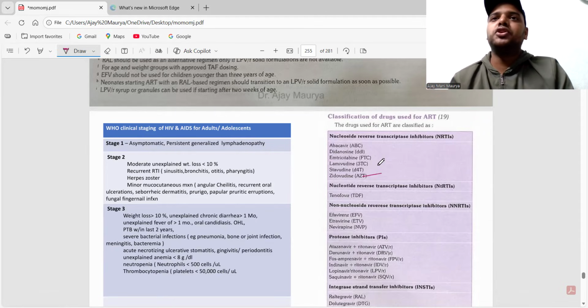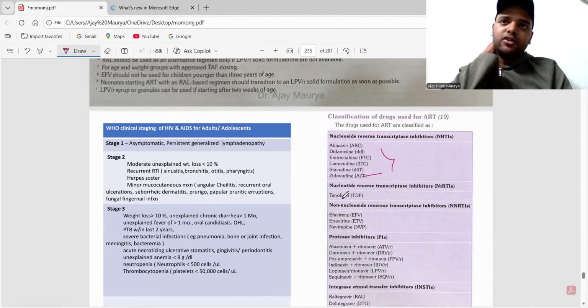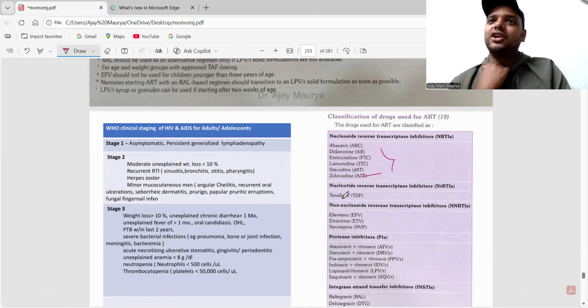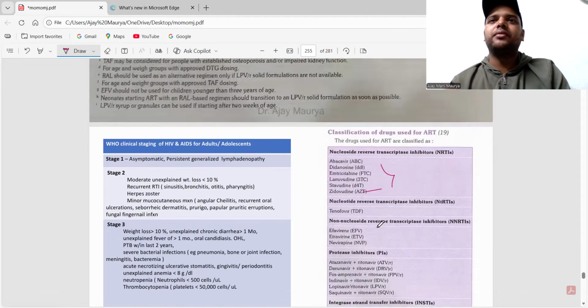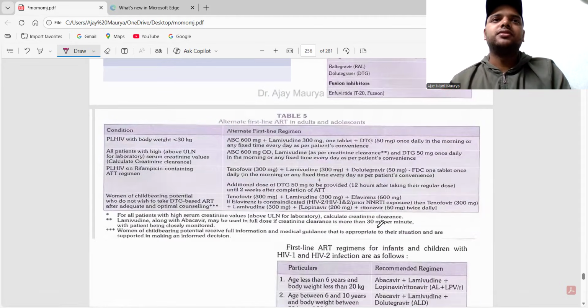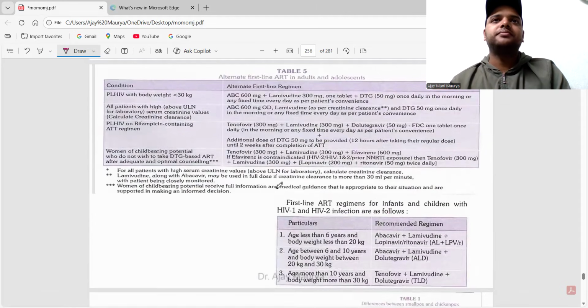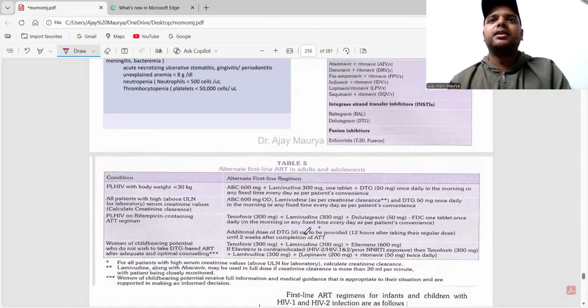Tenofovir is a nucleotide, not nucleoside, reverse transcriptase inhibitor. That's how they're going to ask the questions. That's it from the HIV topic, guys. These are for the adults; this is from the children's.